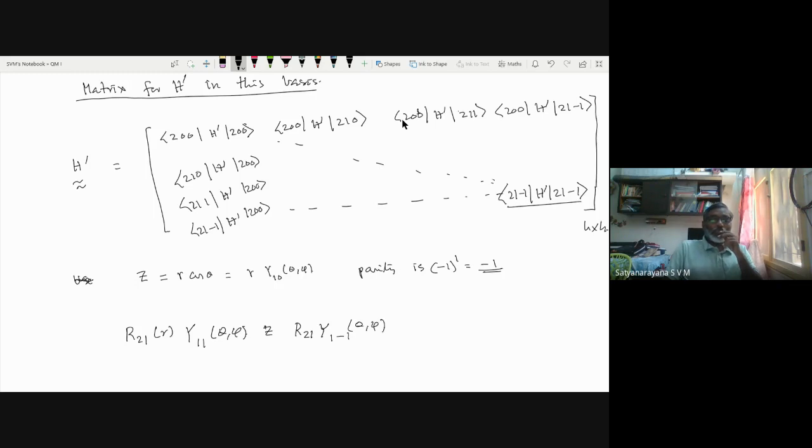Then you have the integral d omega into r squared dr. Radial part you forget, but this is odd parity, this is odd parity, the product is even parity, the total with z is an odd parity, and hence this kind of term should go to 0.